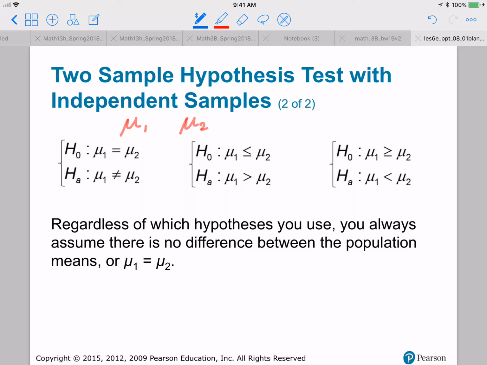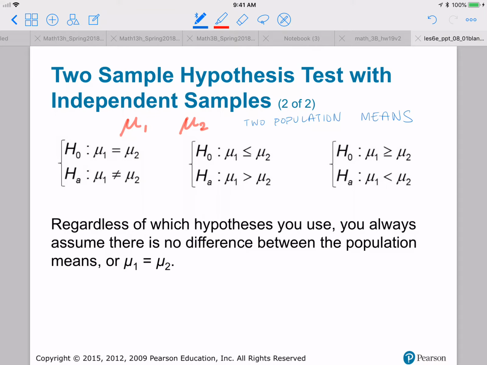So you're performing a hypothesis test about two population means, and you'll have two population means that you're keeping track of. Based on the claim, the claim will make some comparison between these two means. Either mu1 is less than mu2 or mu1 greater than mu2, all the different types of combinations of comparing mu1 and mu2. And based on the claim, you'll set up your null and alternative hypotheses.